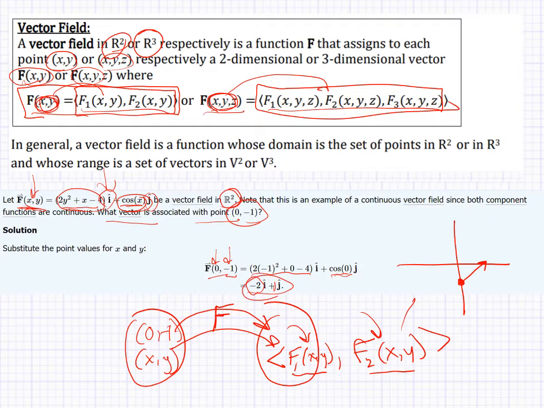So there's your vector: the vector negative 2, 1, in either ij notation or, in this case, bracket notation, is the vector associated with the point 0, negative 1. Vector fields take points and associate vectors with points, and the collection of all those points and all those vectors creates the vector field.